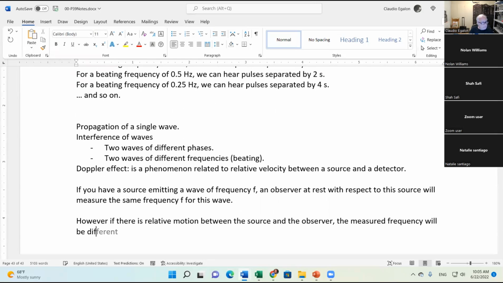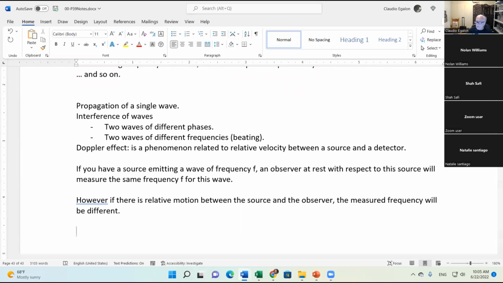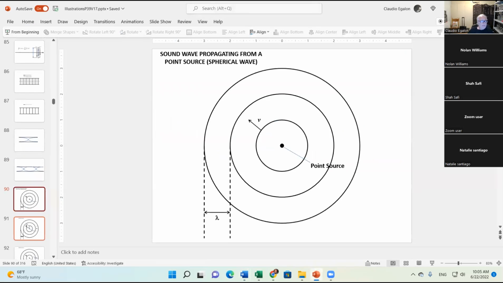That's what the Doppler effect is all about. We're going to get into the details of this phenomenon. Okay, so here you go.